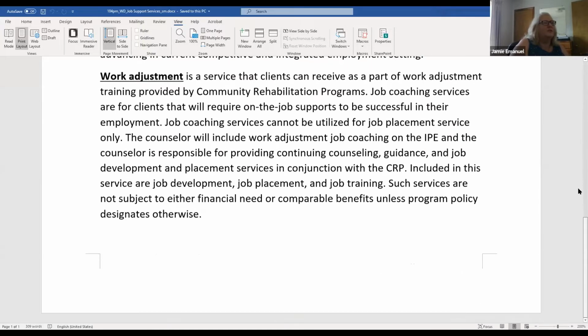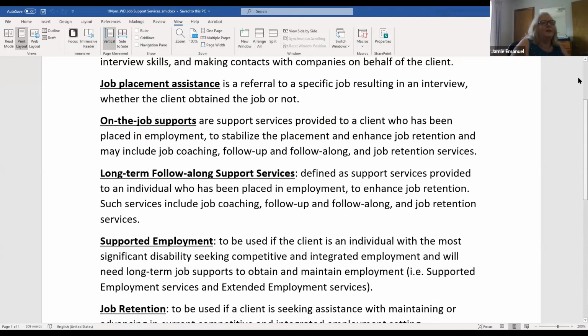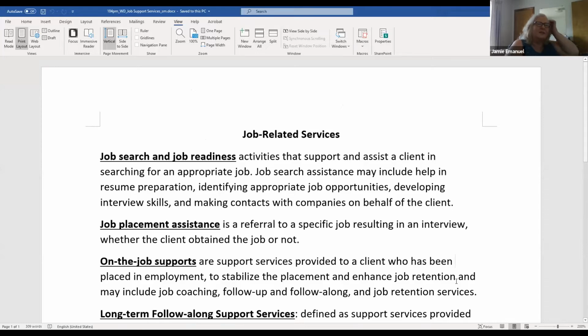So these are just some different services. I just thought we would bring these up and discuss them, because sometimes when we get to employment, things kind of go haywire, and then we realize there may be some needed or additional services. Has anyone had any experience with that?